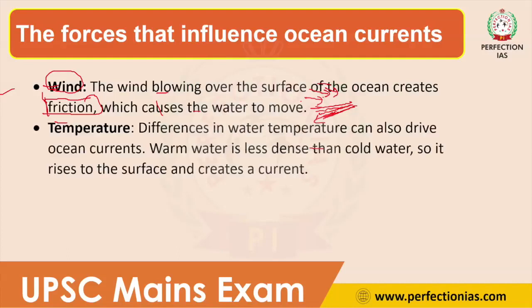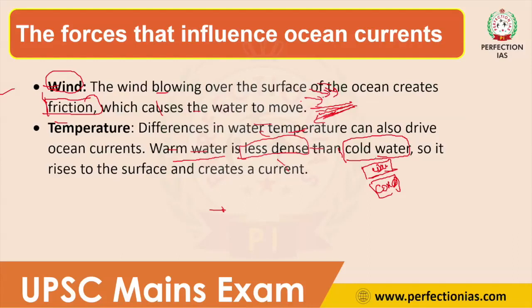The second point is temperature. Due to temperature difference, usually warm water is less dense when compared to cold water. Because of this, cold water will sink and warm water will move above the cold water.